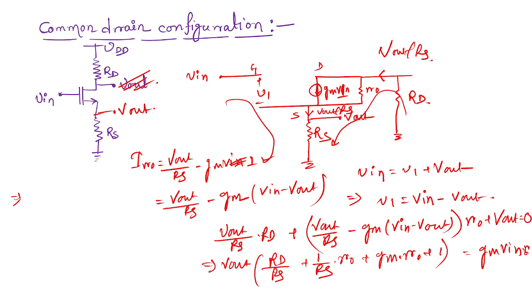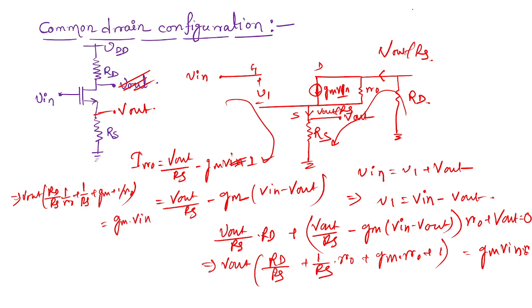So I actually want to remove the R naught from here. So it becomes V out, RD by RS into 1 by R naught plus 1 by RS plus GM plus 1 by R naught is equal to GM V in.